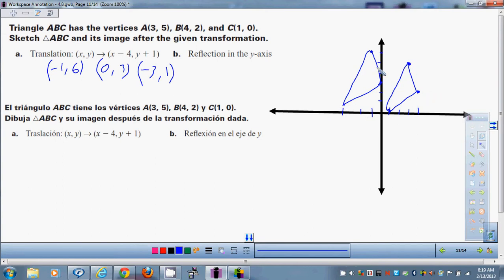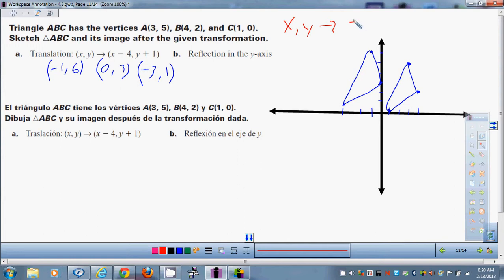Now, for the reflection. Reflection in the y-axis. On your notes, it said, if you're going around the y-axis, for your original x, y, what was your new coordinate? Was it x, negative y, or was it negative x, y? Make sure you look at that in your notes.